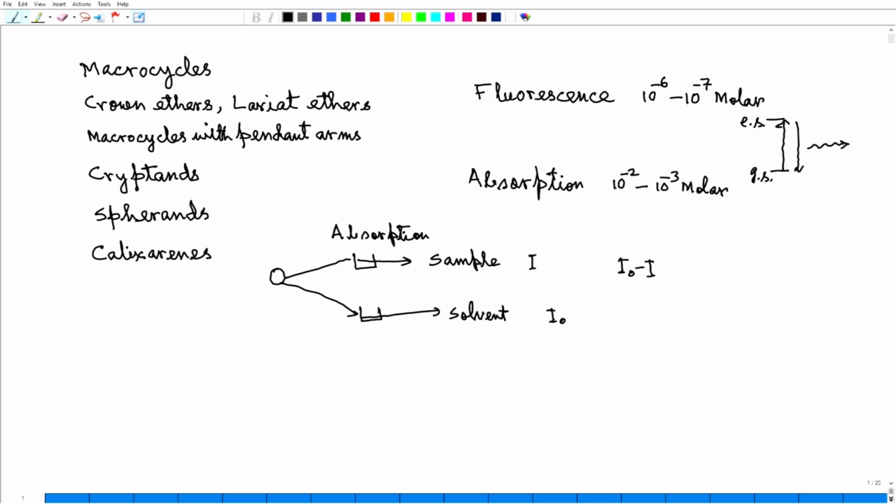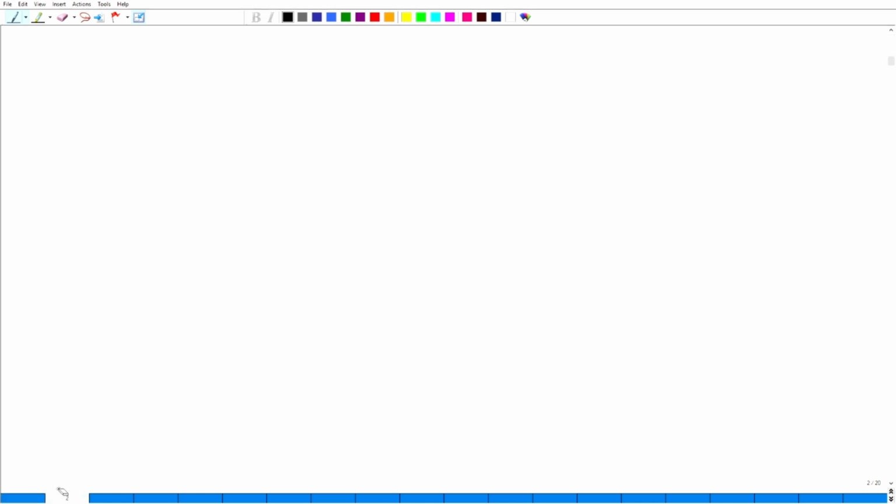So, often in biological systems situations will arise where we need very small concentrations of some materials, and then fluorescence is a very sensitive technique.